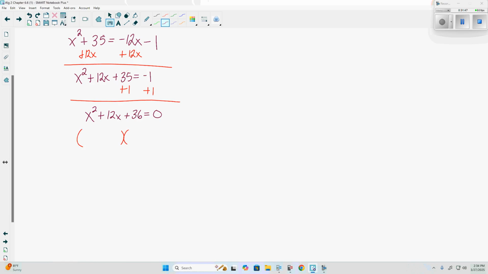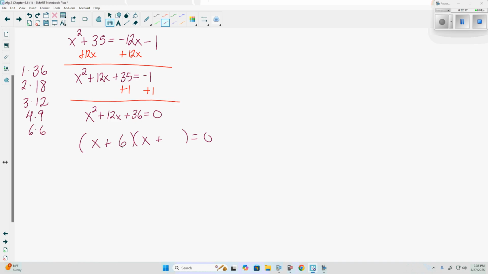So 2 sets of parentheses with 3 spaces. Since the third term is positive, the signs are the same and match the sign of the middle term. Factors of the first term are the only factors of x squared, x and x. Factors of 36 are 1 and 36, 2 and 18, 3 and 12, 4 and 9, 6 and 6.